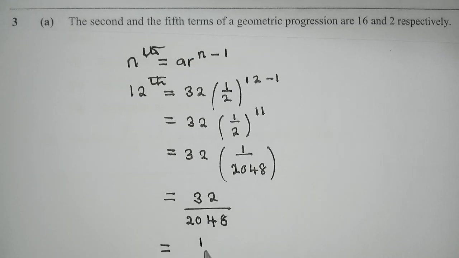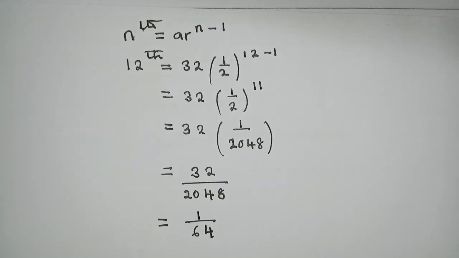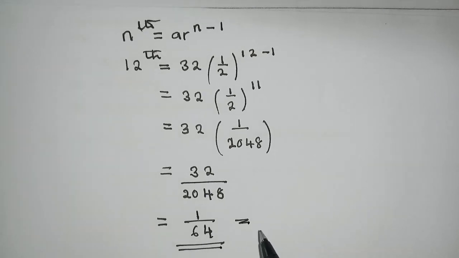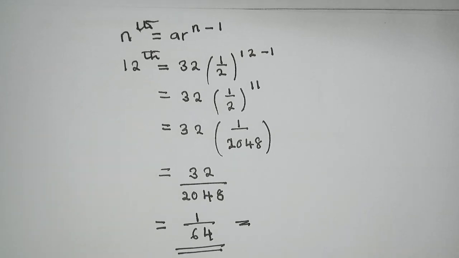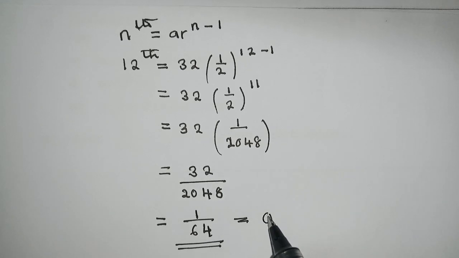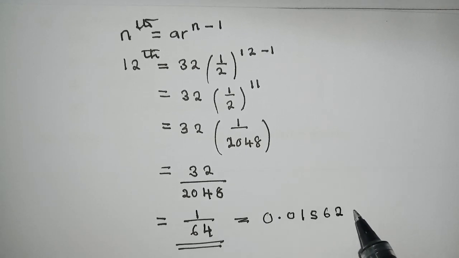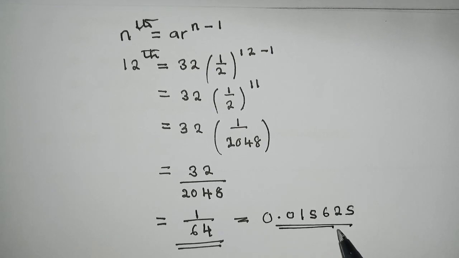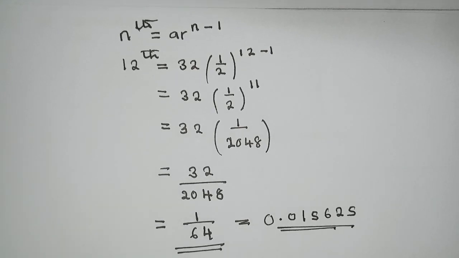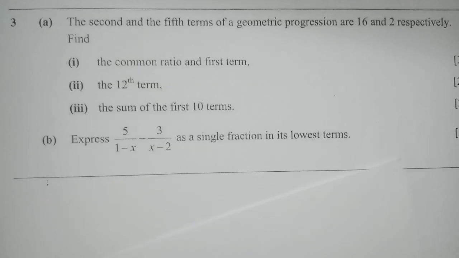So here we remain with 1 over 64. If you want, you can leave your answer like this, or if you want, you can put it in decimal form. So it will be 0.015625. If you want, you can leave it like this. It's all fine. Next question.